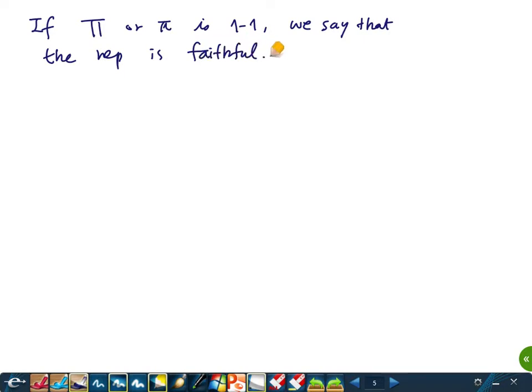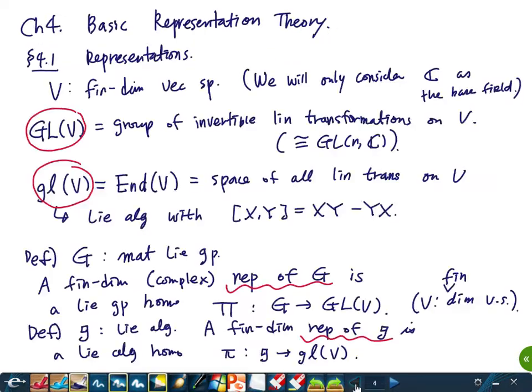So if it's faithful, then let's go back to this definition. If this is a faithful representation, this can be considered as an embedding inside this. So somehow this one is invertible linear transformations, or if you fix a basis, it's going to be just a matrix.